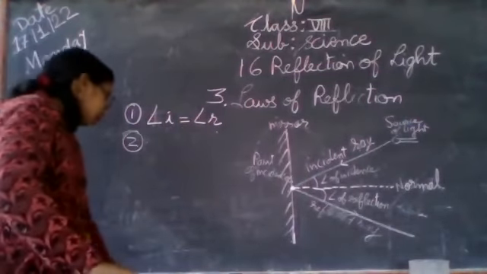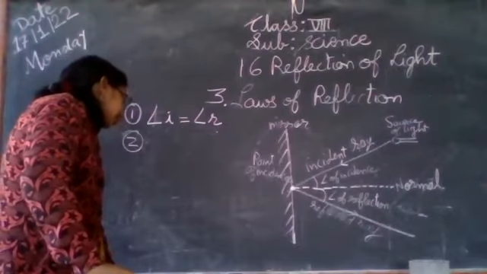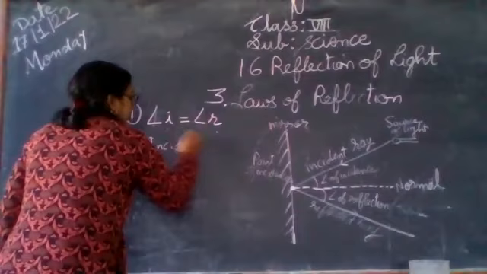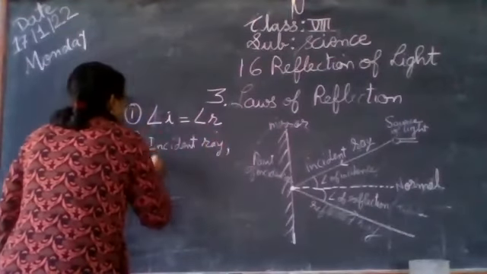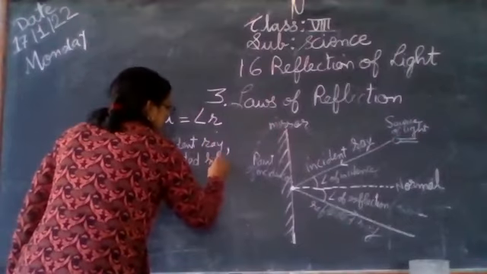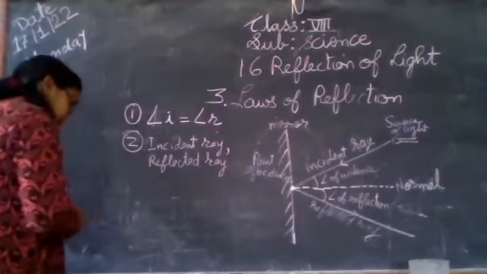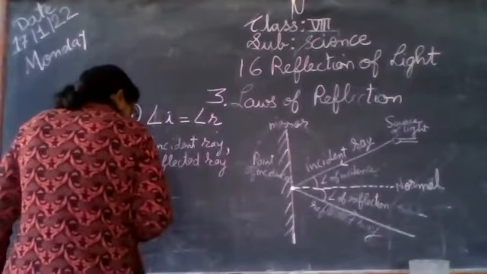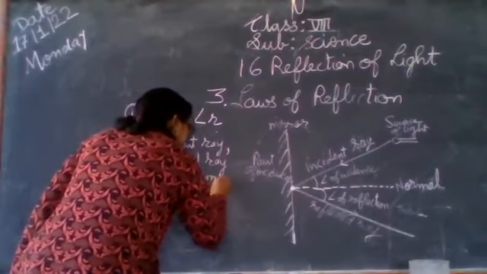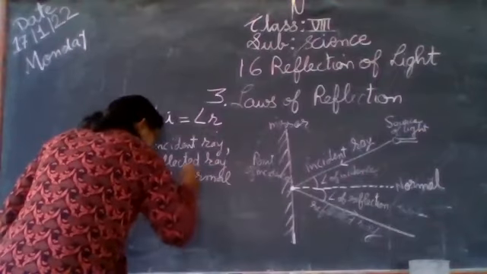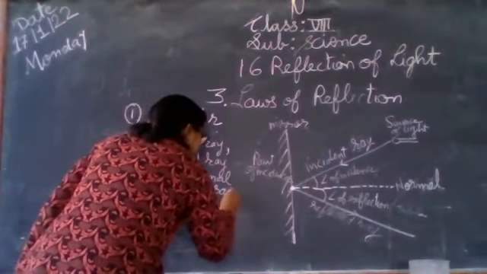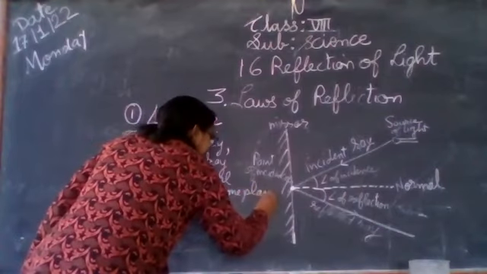Okay. Then the second law: the incident ray, the reflected ray, and the normal lie in the same plane.